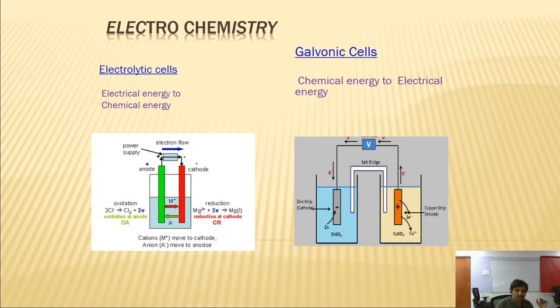And the electrolytic solution: this is the solution containing cations and anions which conducts electricity in the solution. A solution containing cations and anions which conducts electricity is said to be an electrolytic solution. Basically, ionic substances when dissolved in a polar solvent conduct electricity, and such solutions are said to be electrolytic solutions.